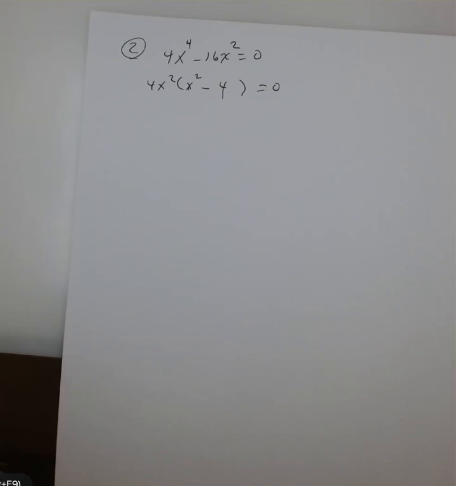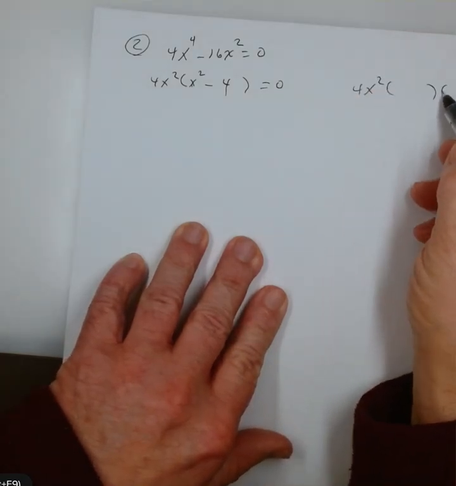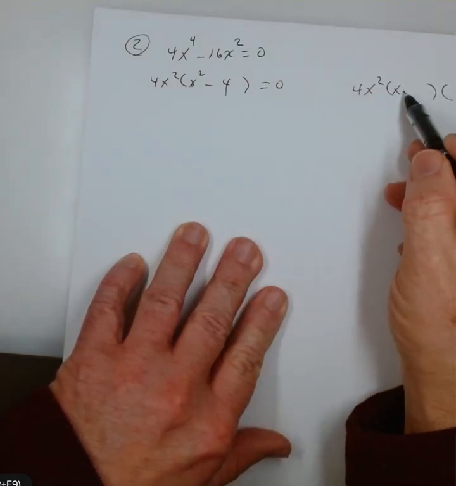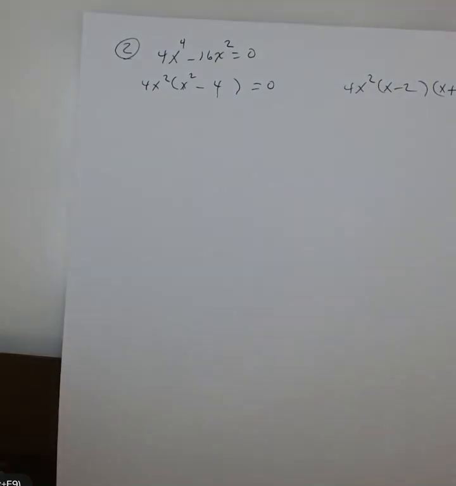You can factor x squared minus 4. So in other words, this right here. And so if I factor x squared minus 4, that's x minus 2 times x plus 2. So yes, if that's what you meant by factoring, that's true. But then at that point, what would you do? Using what property?